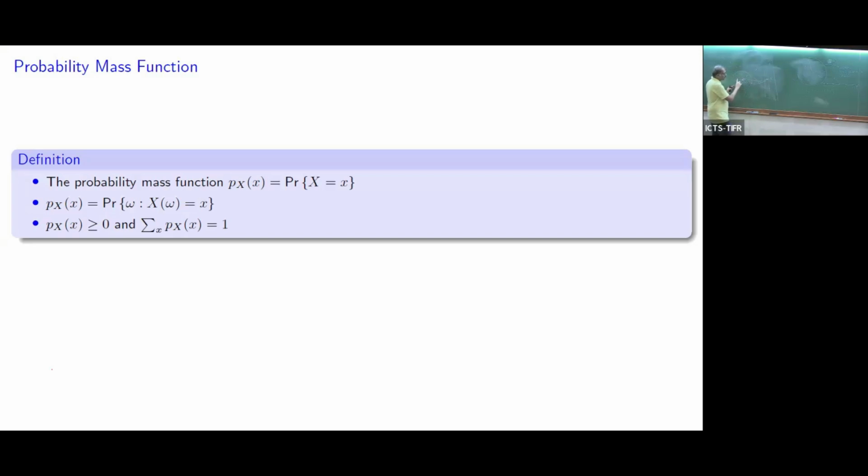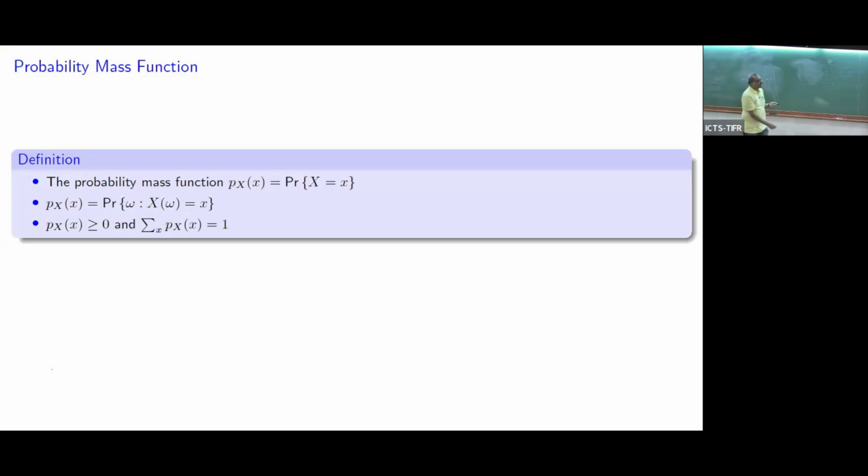So let's think about this set here, all of which have the property that X will map them to the same value here. Now this is a subset of the sample space for which you can define a probability. Now that same probability value you can assign to this number here. And that is how you get the PMF.